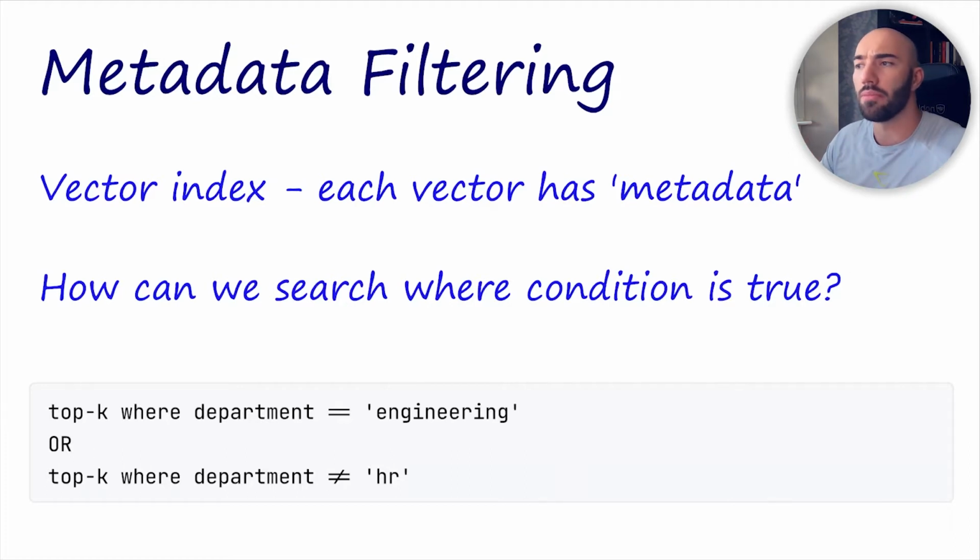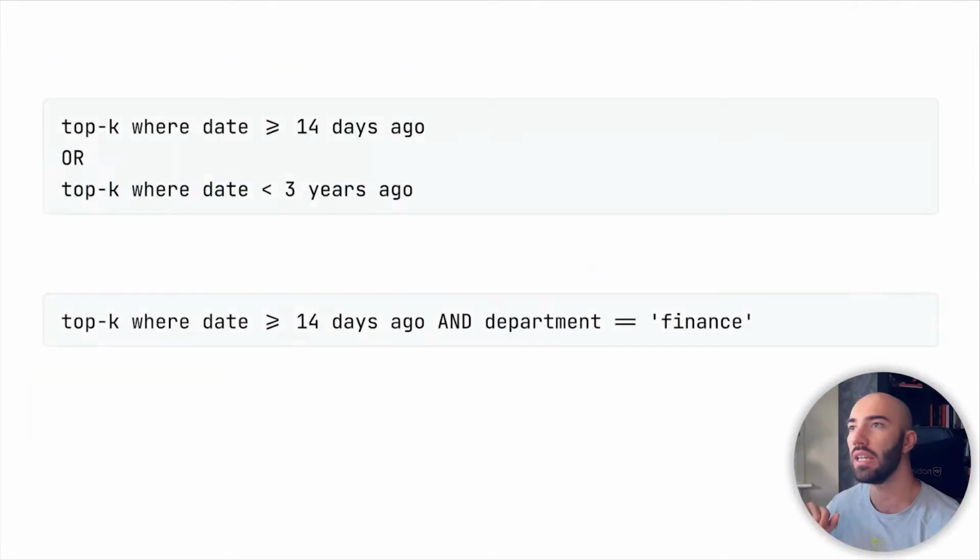A user in that company might want to go into their search, and sometimes they may want to search across all departments, but sometimes they might want to apply some sort of filter. So they might want to say, I want the top K documents where the department is equal to engineering, or I want the top K where the department is not HR.